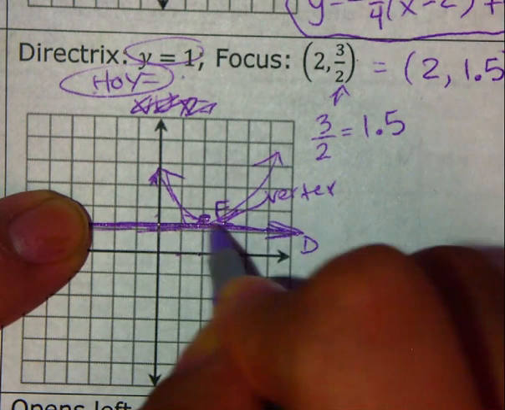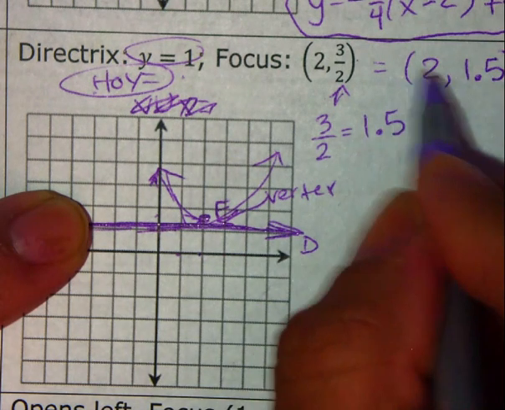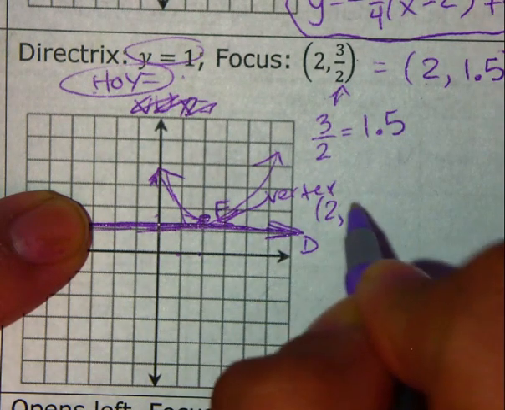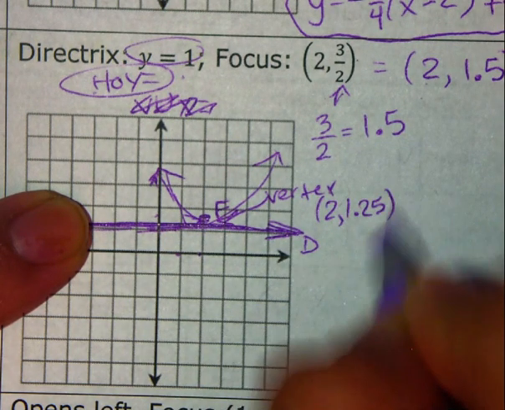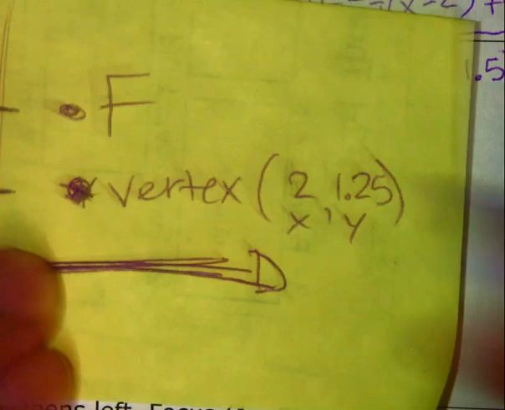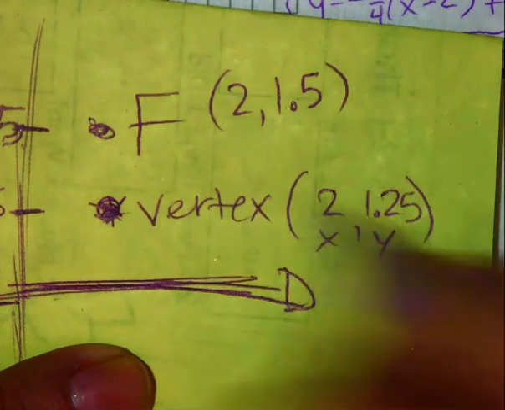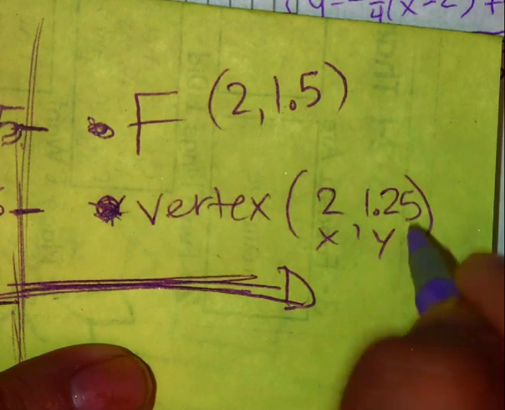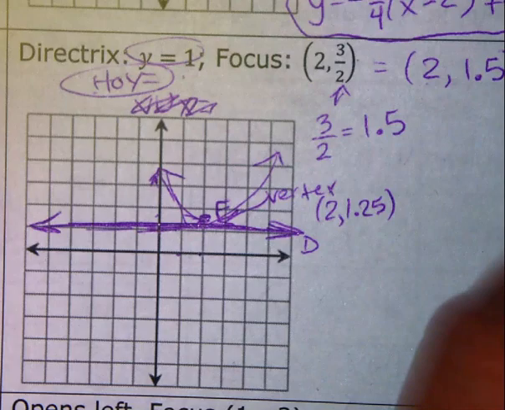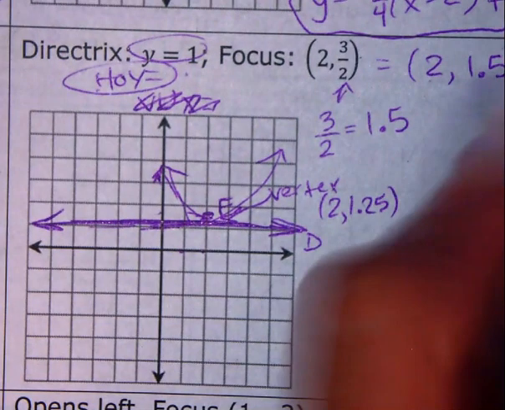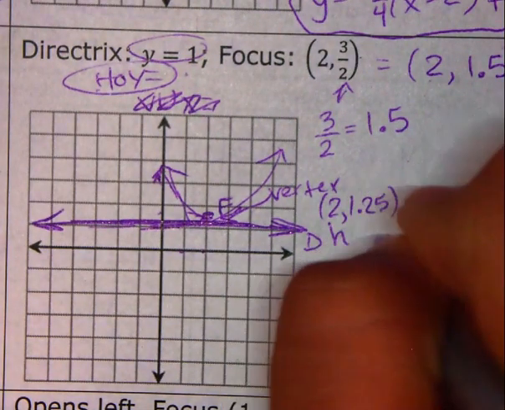And the vertex is going to have the same x value as the focus. So that's 2 and 1.25 as your y. These two are aligned. So if this is (2, 1.5), this is going to be (2, 1.25). All right, that was interesting. So that's your h, that's your k.